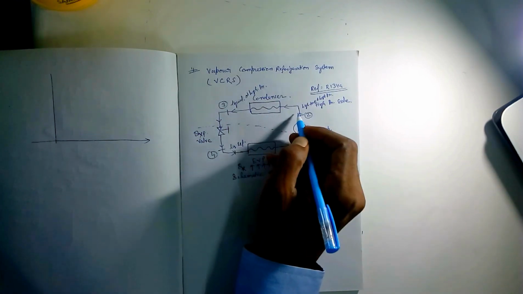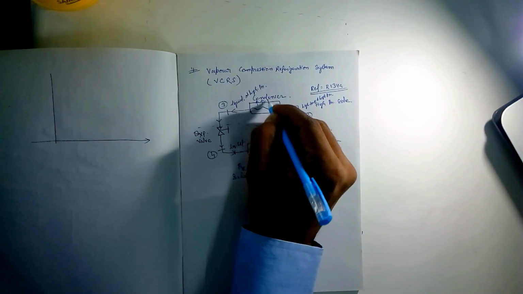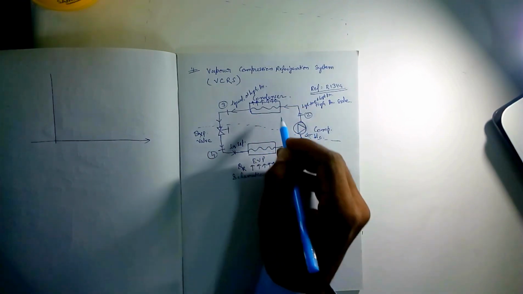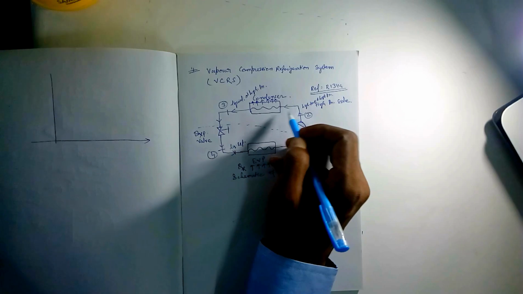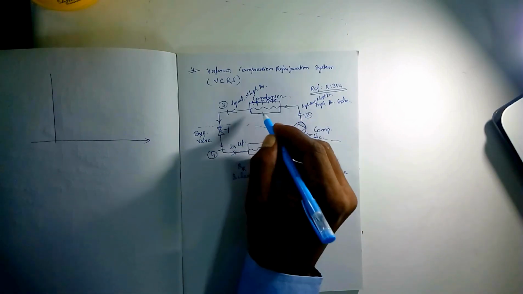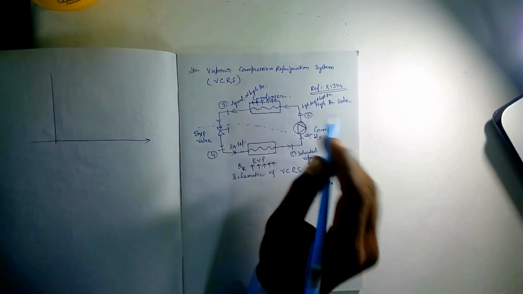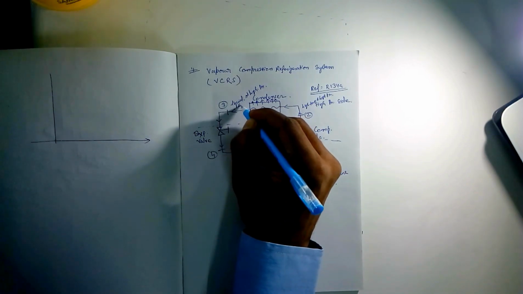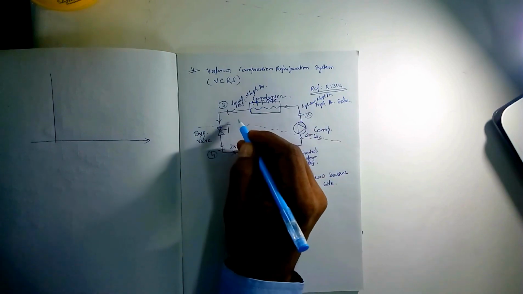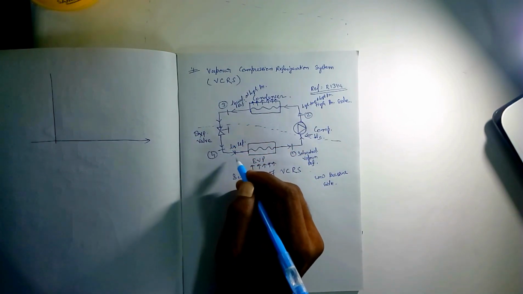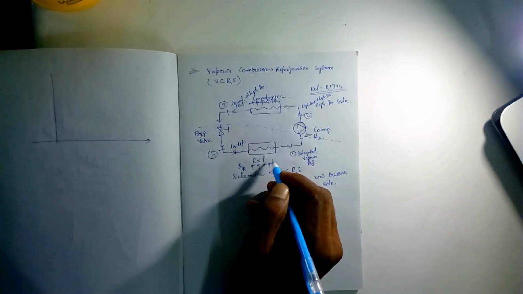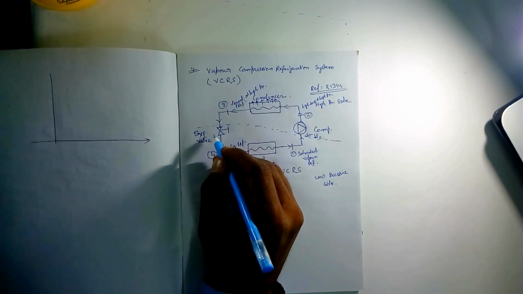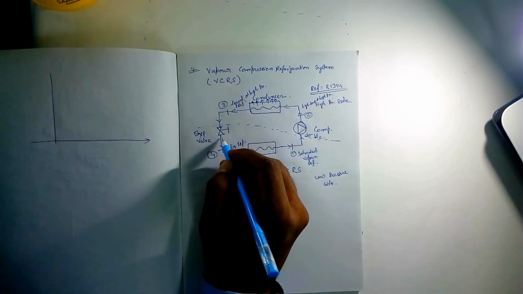In the condenser, this refrigerant rejects heat to the surroundings with the help of a fan or a heat rejecting coil arrangement. Then the liquid refrigerant, still at high pressure, has its pressure reduced to the evaporation pressure, and this is done with the help of the expansion valve.